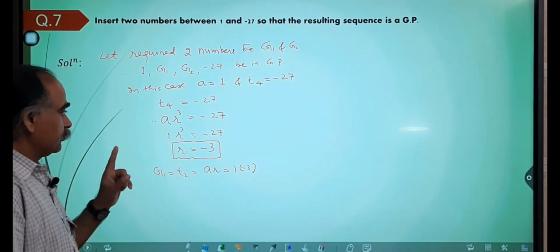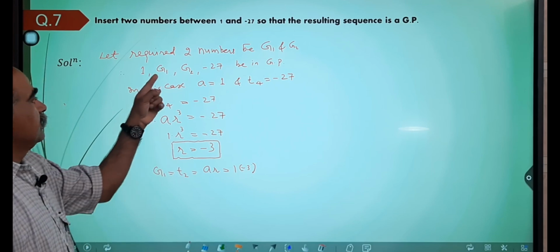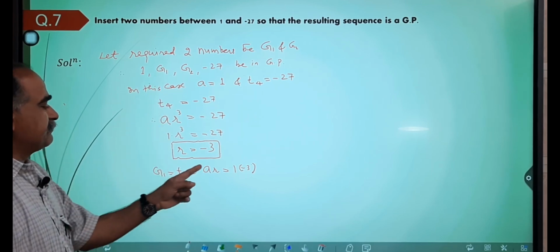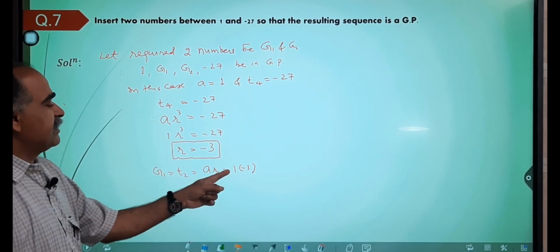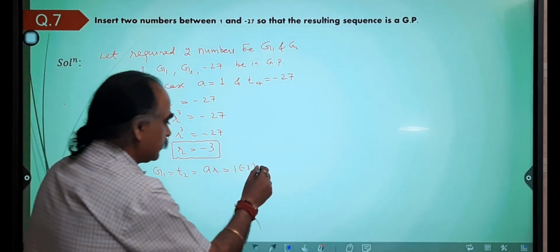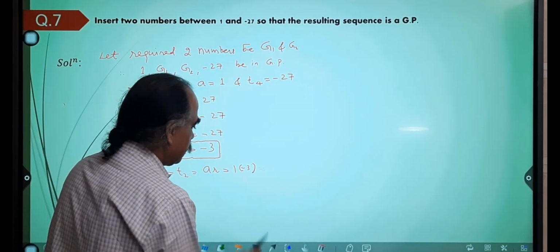So G1 is the second term, AR. A is 1, R is minus 3, will give you minus 3.